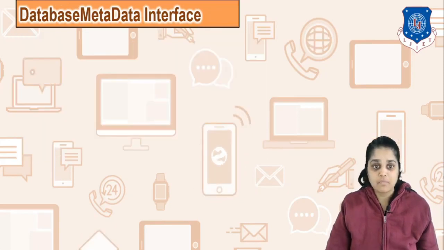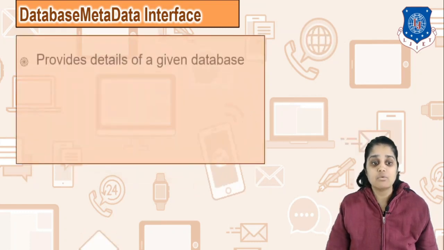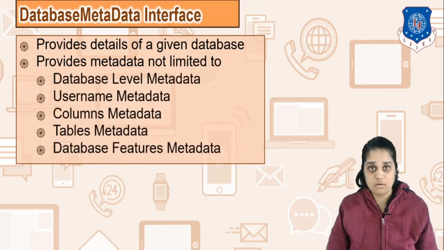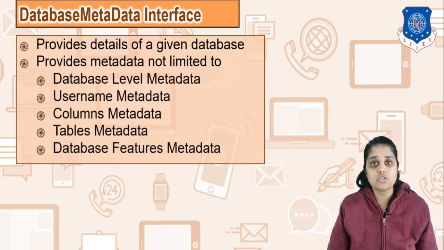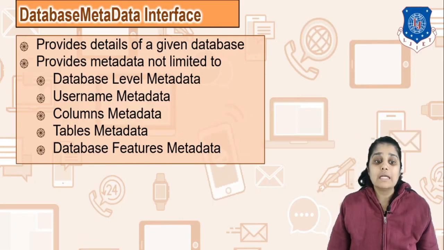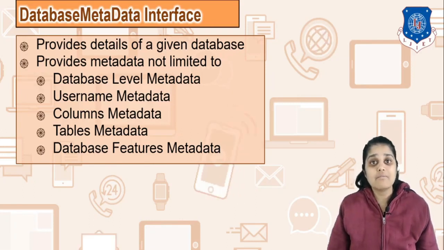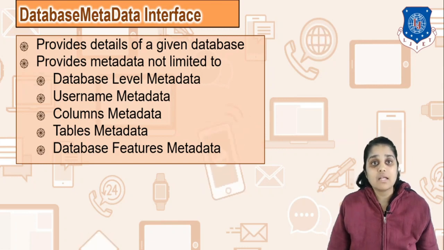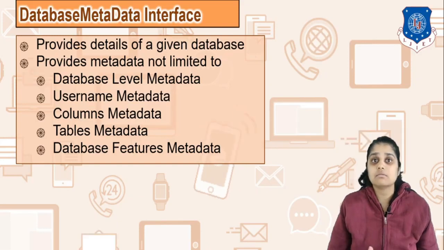Database metadata. Now, the name of the DatabaseMetaData interface itself tells you that it gives you more information about the database that you are using. It gives you the database-level details, like its URL, its user, its driver.